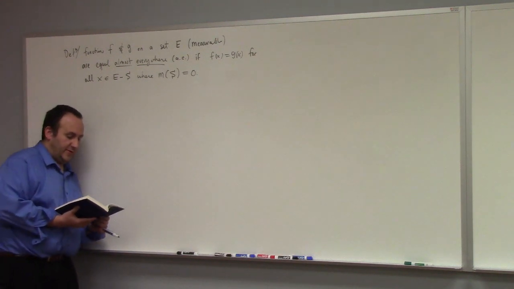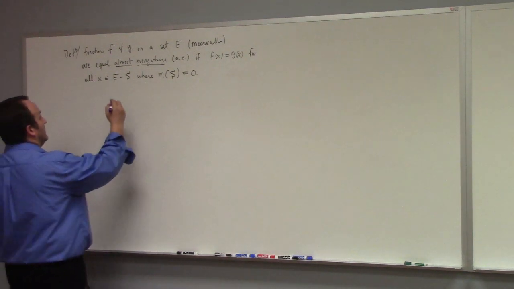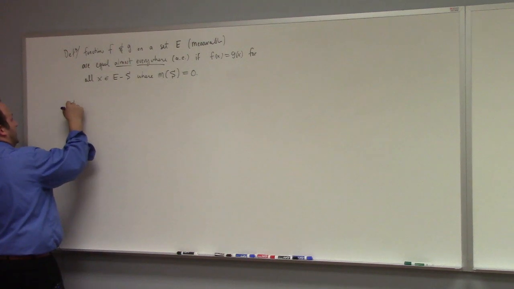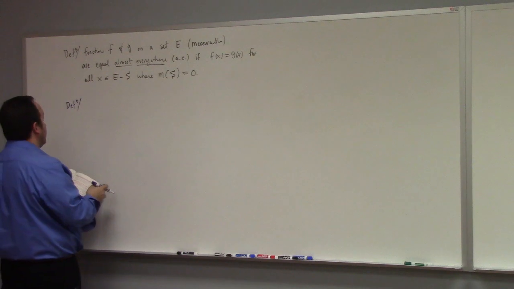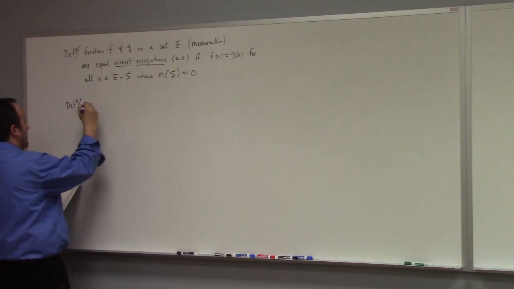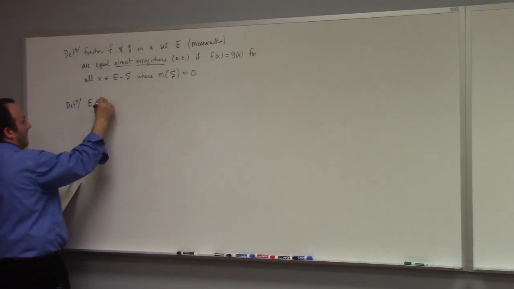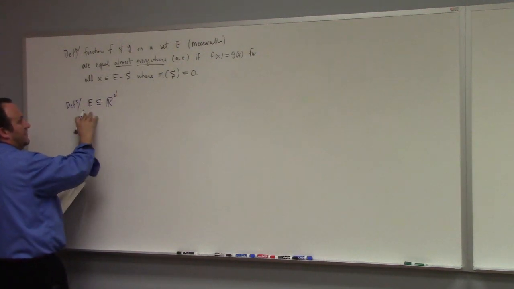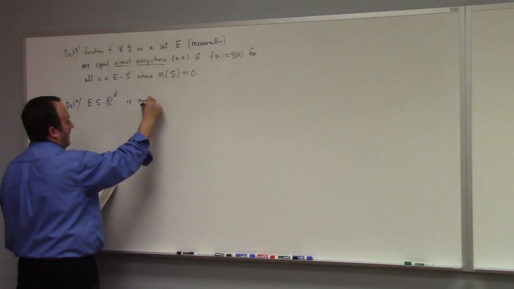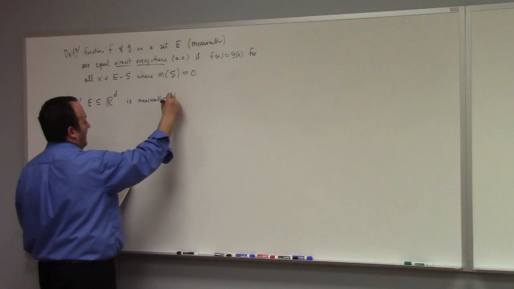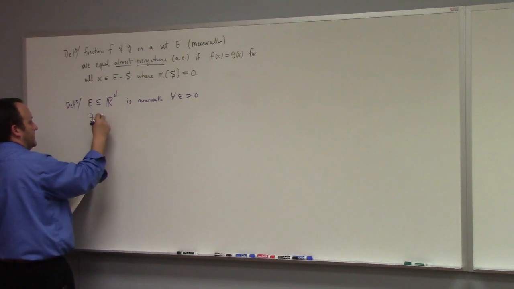And I guess I probably should define what measurable function means again, right? Because I think that might have dimmed in our memory a little bit. What does it mean for a function to be measurable? Well, what's it mean for a set to be measurable? Probably should reiterate those too. A set E, a subset of R^d, is measurable. What's that mean? There exists an open set such that what?